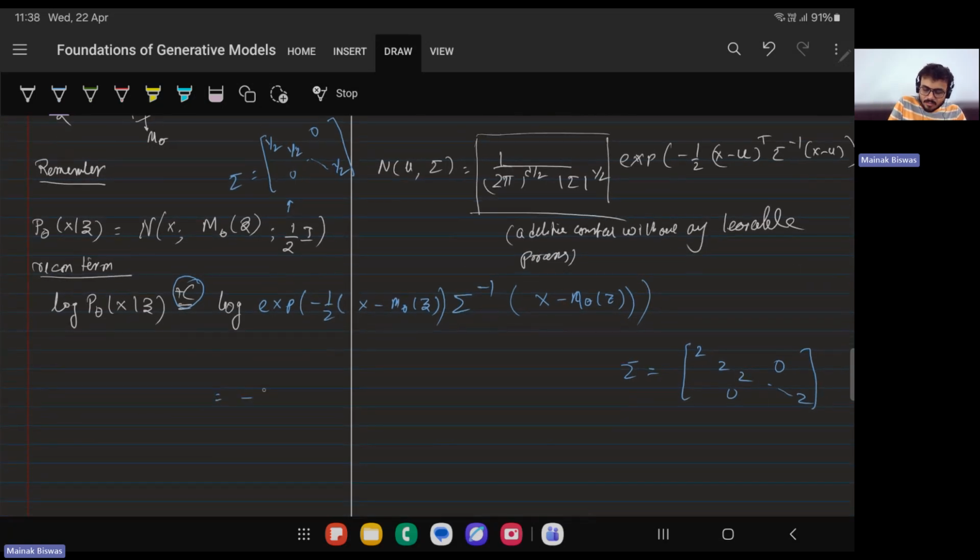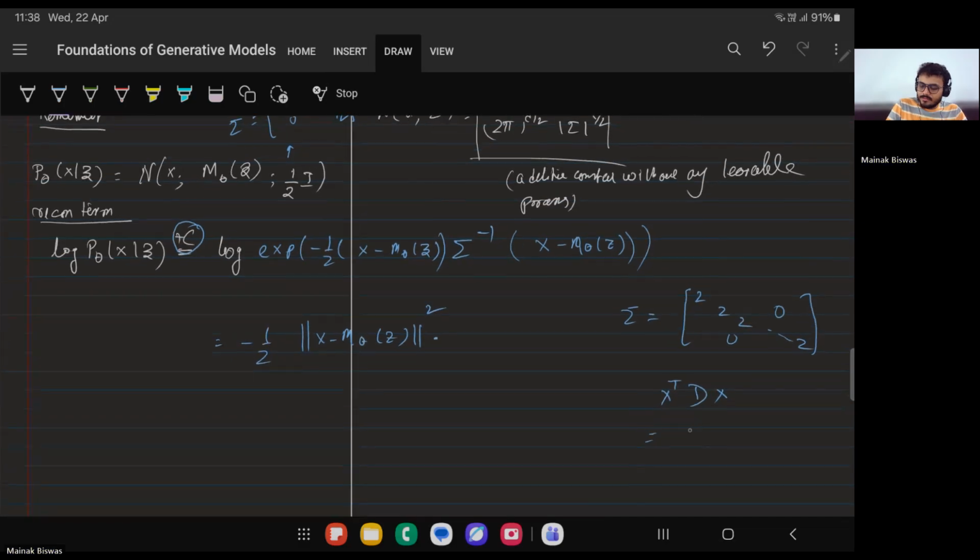You get minus half, as we have seen before, x minus m theta of z, and you weigh each of these terms. This is the L2 norm, since it's x transpose x, and we have a diagonal matrix D. We know this is equal to, if it's a diagonal matrix, and each of these terms are also the same. We know that.